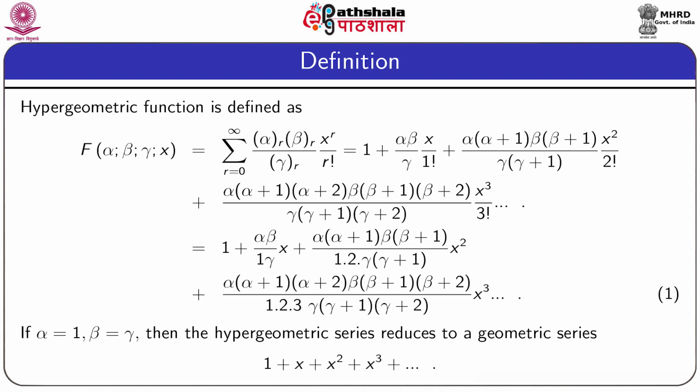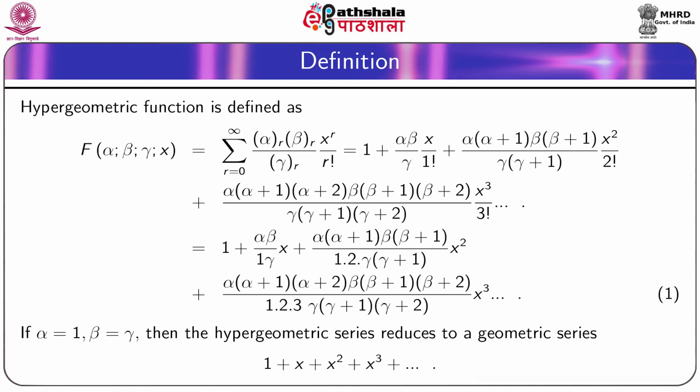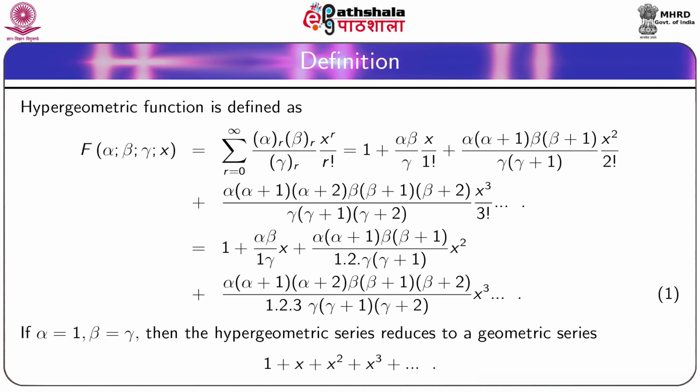Hypergeometric function is defined as F(alpha, beta, gamma; x), which is equal to summation r equal to 0 to infinity alpha suffix r beta suffix r by gamma suffix r, x to the power r by r factorial.